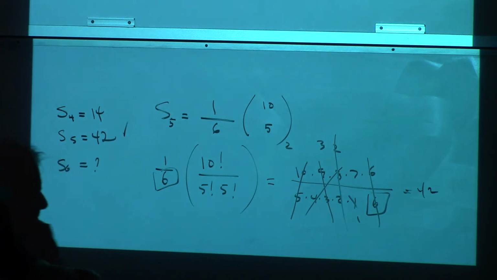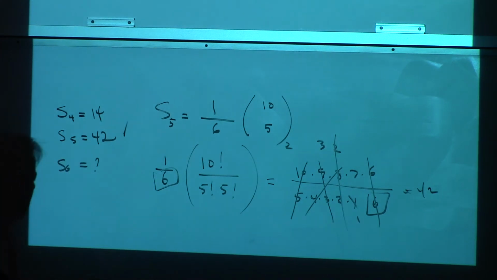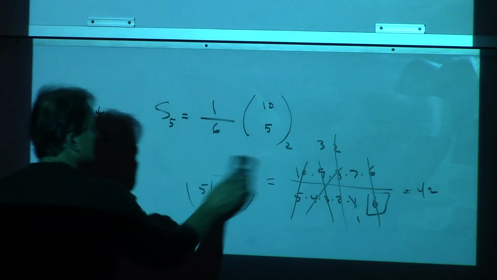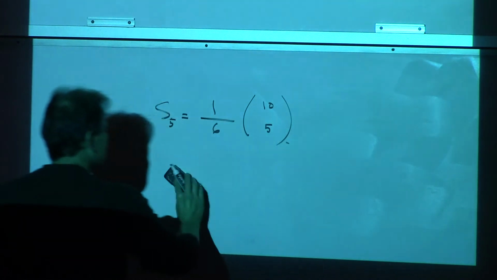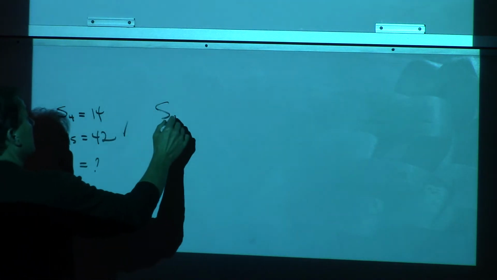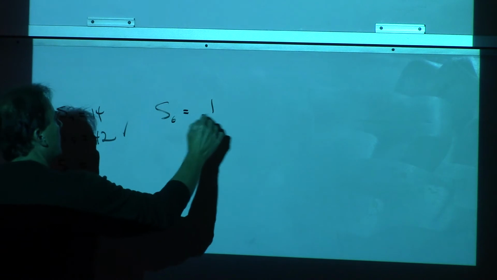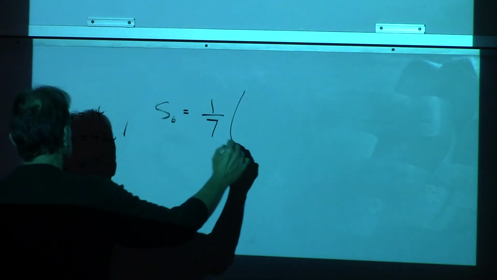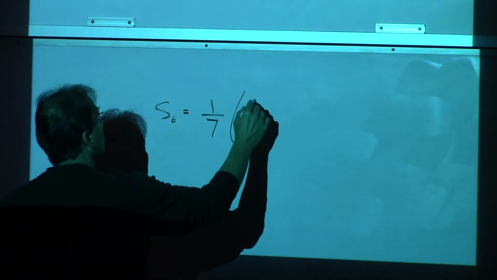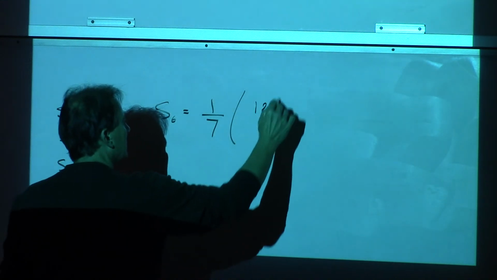You see how much better this is, because you can look directly in here. So S of 6, following this one, is going to be 1 over 7 times binomial of 12 over 6.